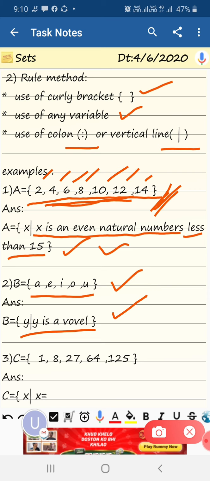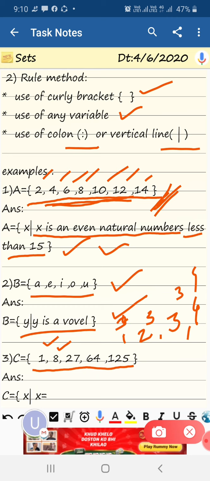Okay, now see the next example. Here it is given 1, 8, 27, 64, 125. If we observe this carefully, what we can see: the second is the cube of 2, isn't it, and the third is the cube of 3, and 64 is the cube of 4, and the first we can write as the cube of 1.